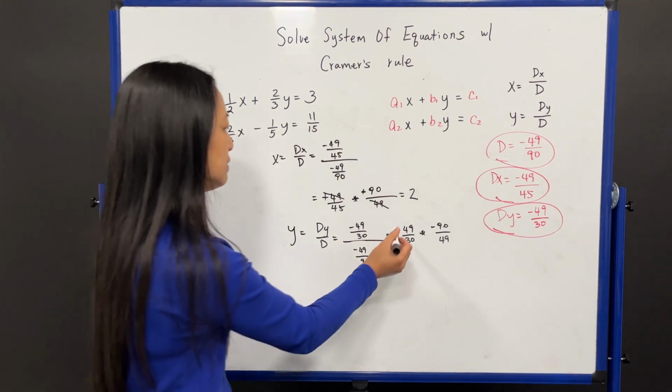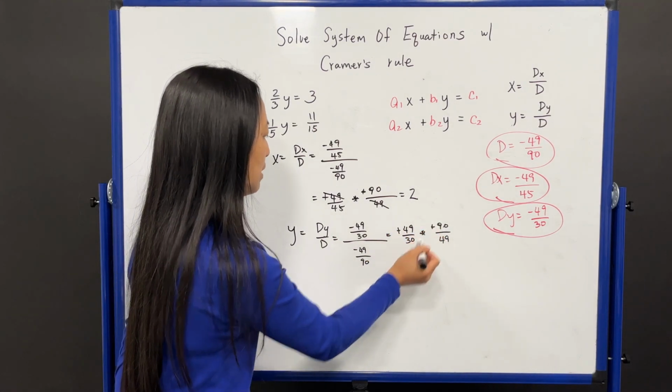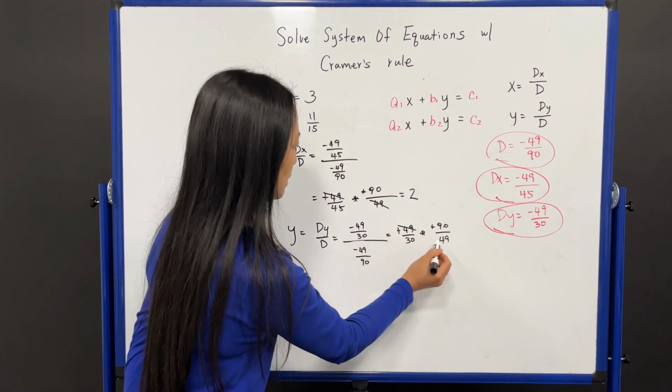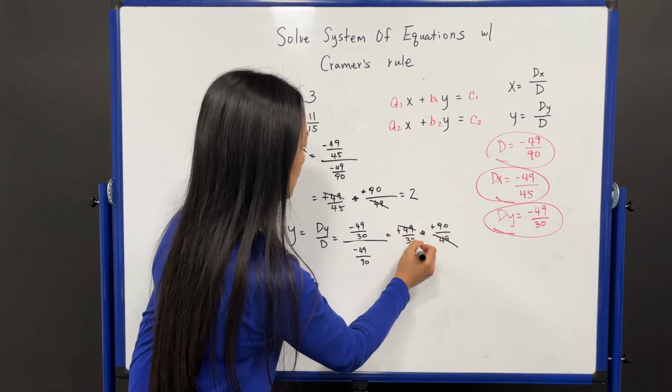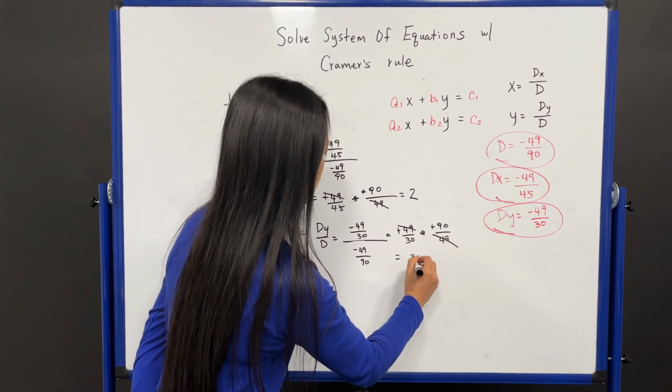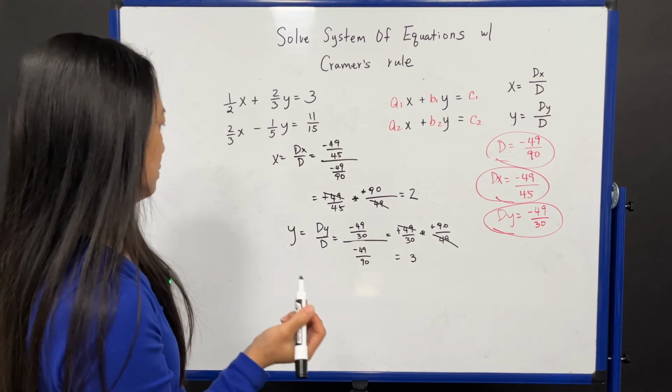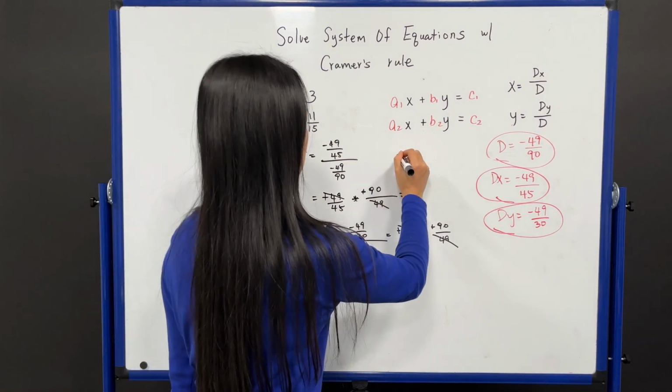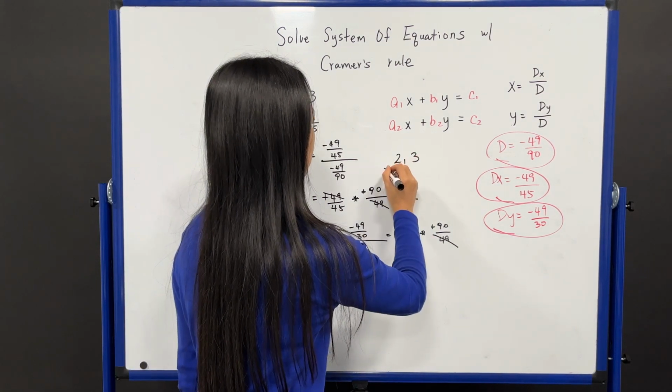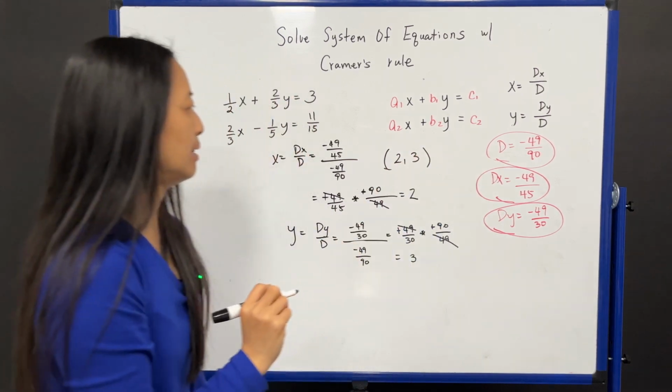Our two negative signs are going to cancel and become positive. 49 divided by 49 will cancel. 90 divided by 30 is going to give us 3. So our ordered pair solution is 2, 3. And that's our solution.